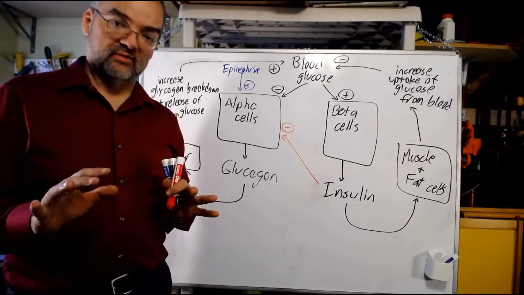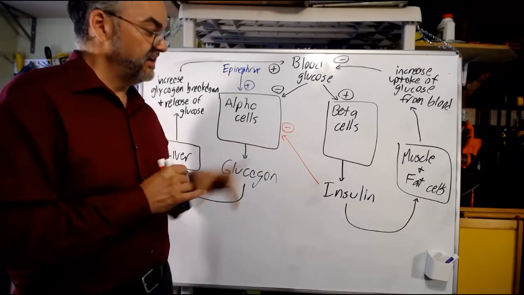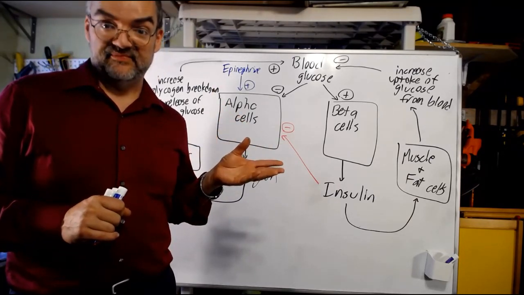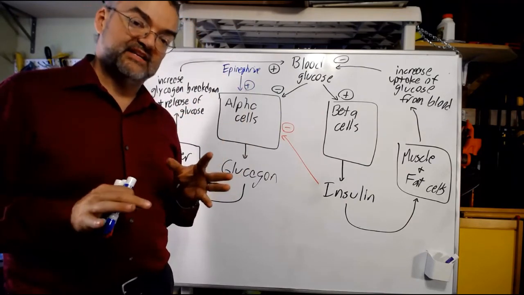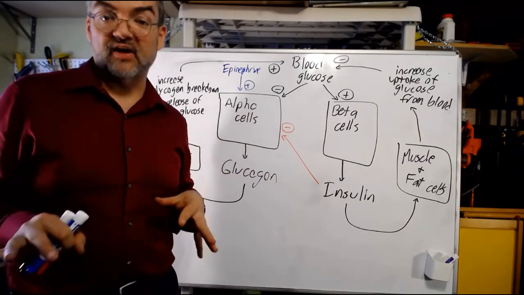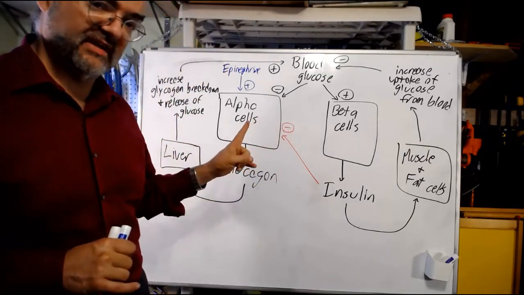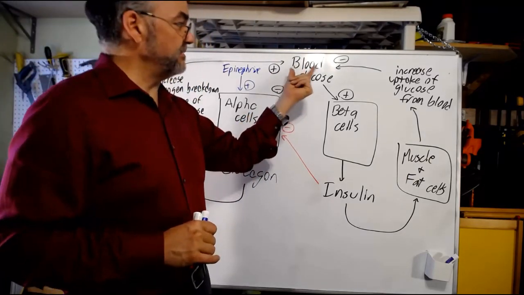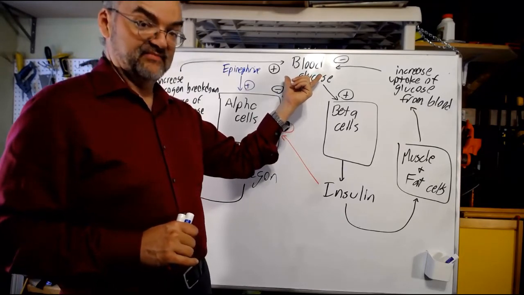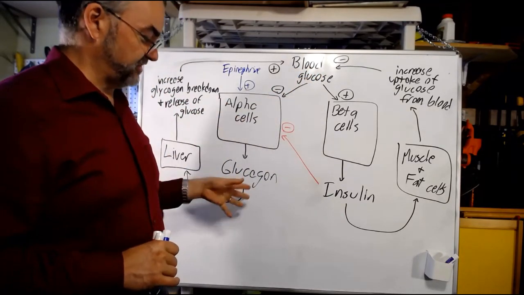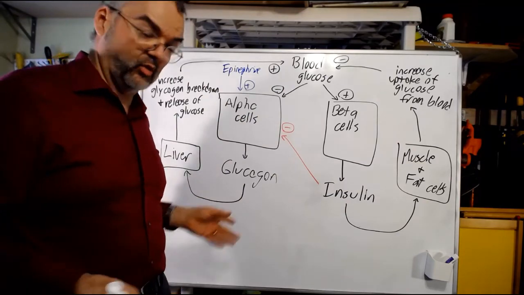Now our problem is, actually, let's take a moment. Say you have type 2 diabetes. In type 2 diabetes, your body doesn't respond to insulin. We don't exactly know why, but let's see how that's going to mess with this. Say my blood sugar gets high. Normally, a high blood sugar tells my alpha cells to stop making glucagon, which will still work.